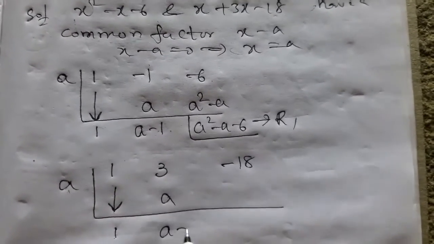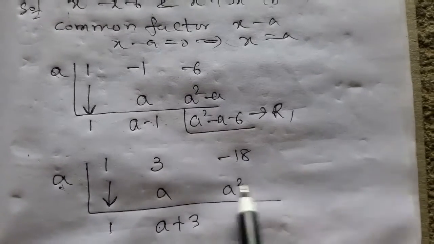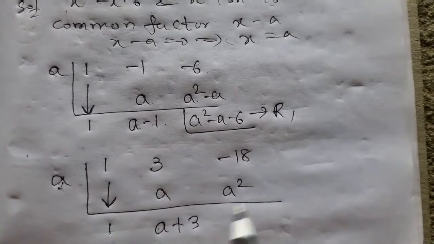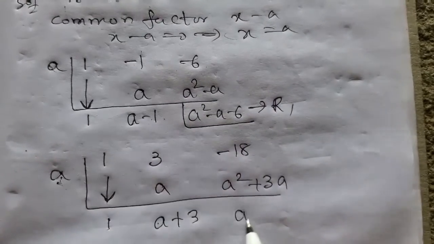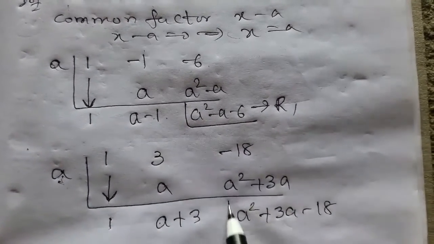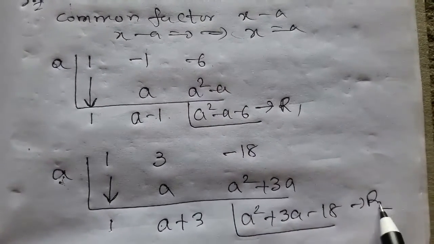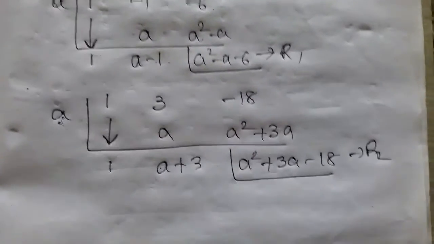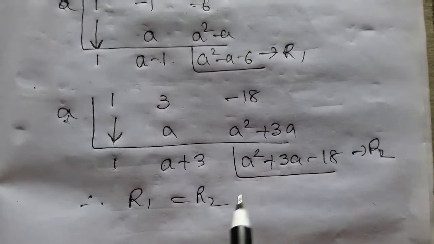Add these, a plus 3. Now a into a became a square. A into plus 3 became plus 3a. Now add these three, that means a square plus 3a minus 18. This is the remainder R2.